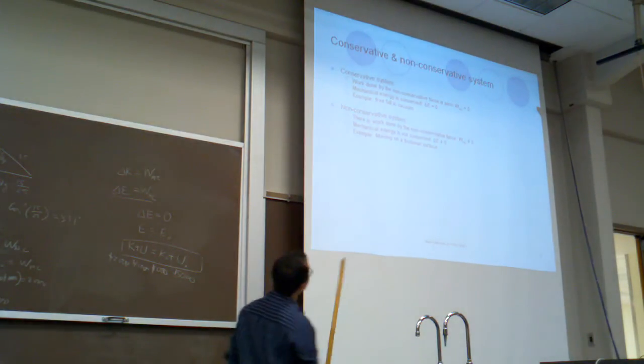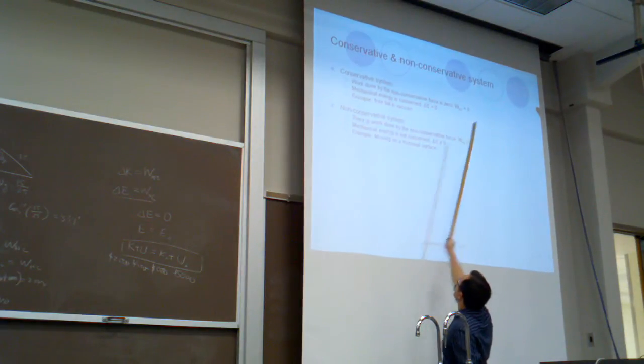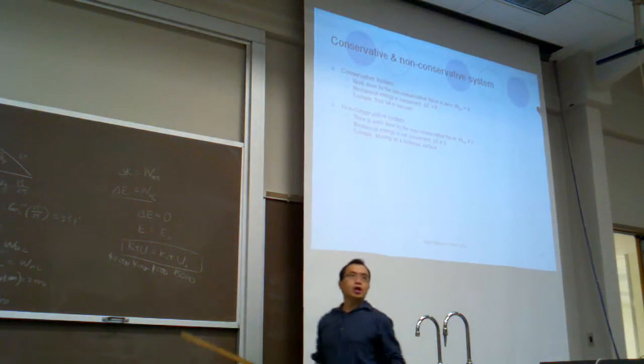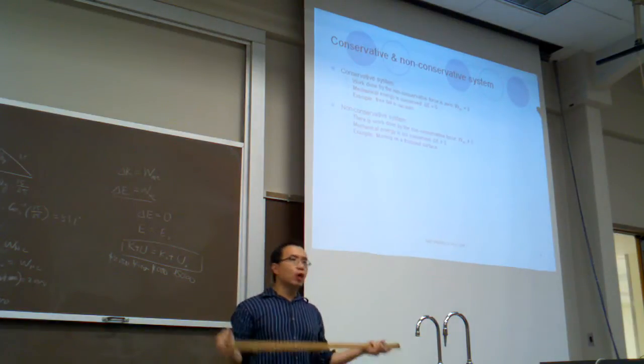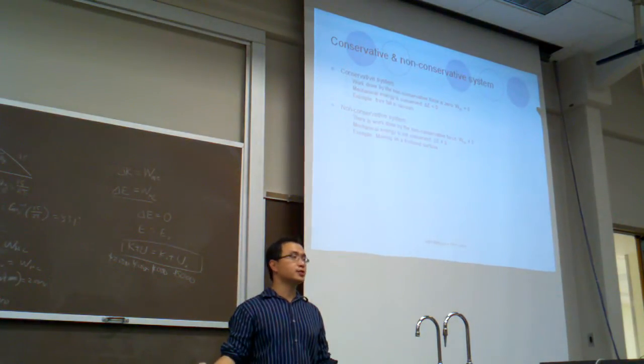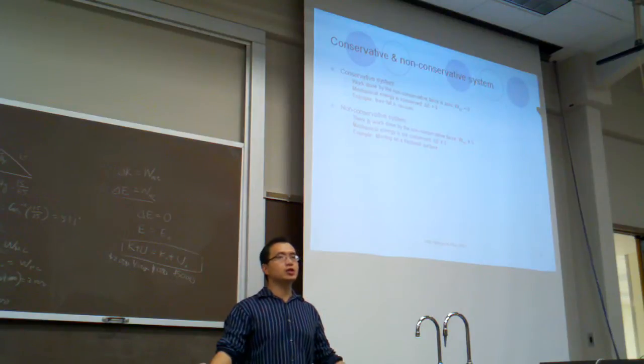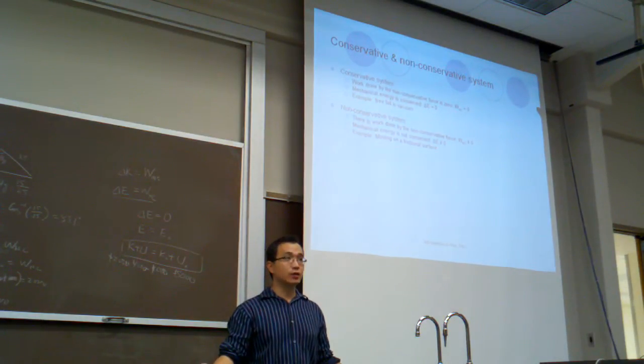So it says the work done by the non-conservative force equals zero. It didn't say you don't have a non-conservative force. From this definition, it's completely possible you may have a non-conservative force, but it's still a conservative system.